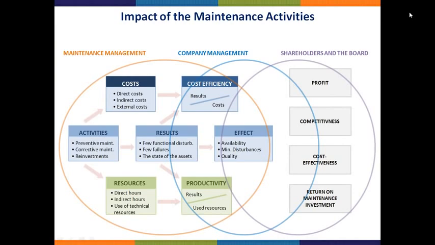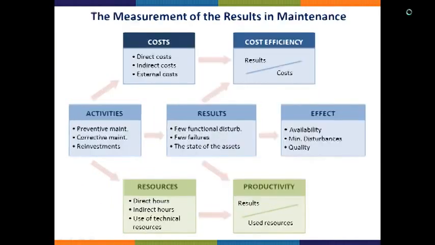As you can see, all the activities related to maintenance management impact the overall company's management aspects, and in turn impact the shareholders, the board, or the stakeholders' objectives. So again, we have to relate it, so some KPIs and performance indicators can reflect the end or the lagging results.